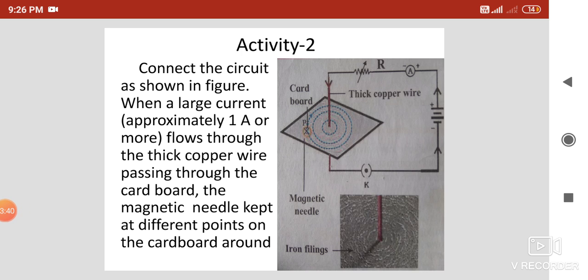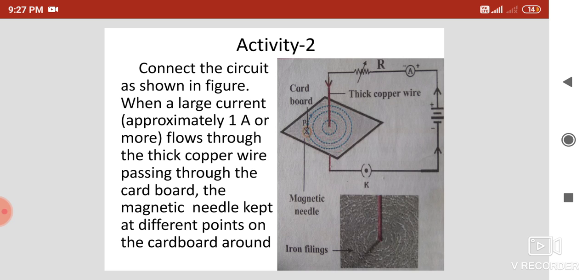Let us see the second activity. In that activity, you can see a circuit diagram is shown. In that circuit diagram, there is a cardboard. At the center, a metallic wire is passed, and its two ends are connected to a battery.